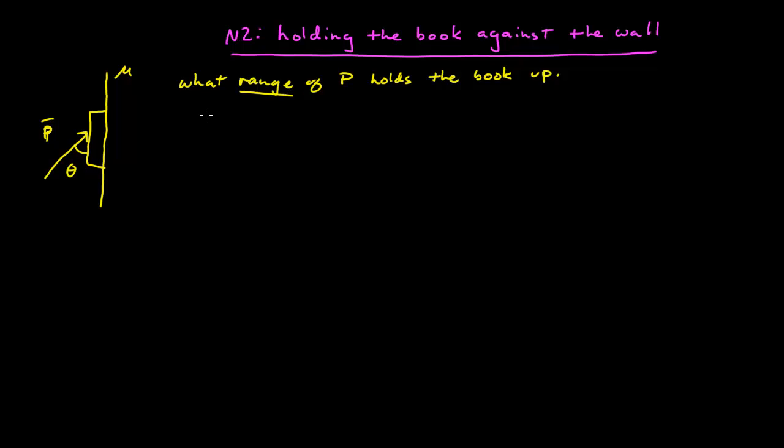The other thing I want to ask is, what relationship between theta and mu, or is there one? That is, is there a relationship between theta and mu that must be true, or no force P will make the book slide up?